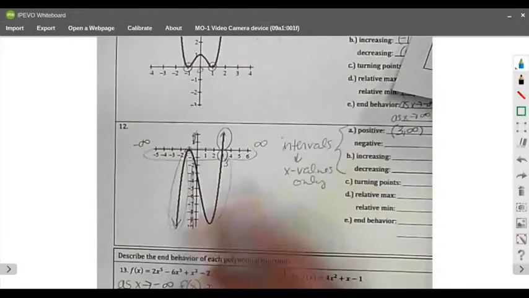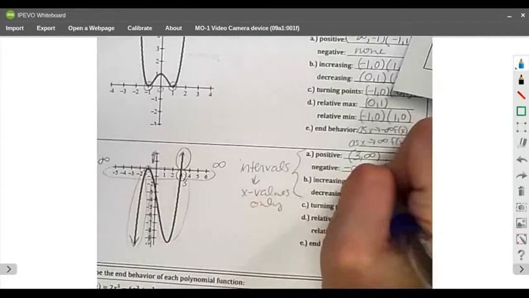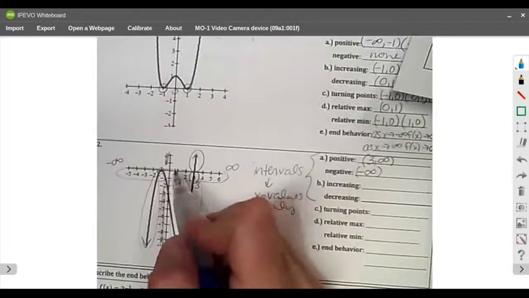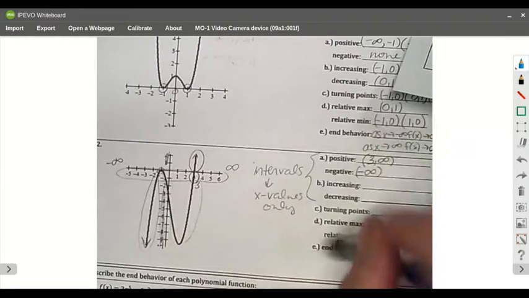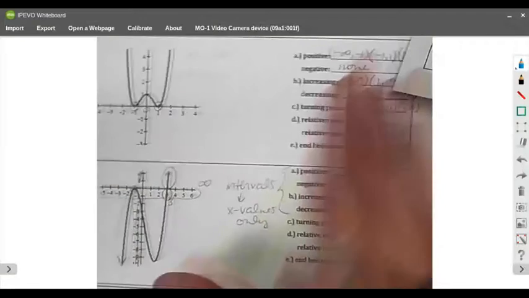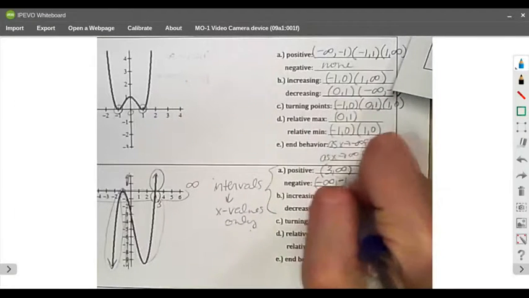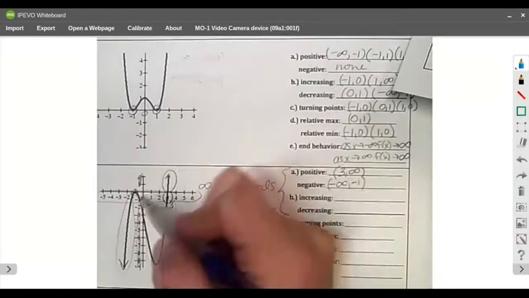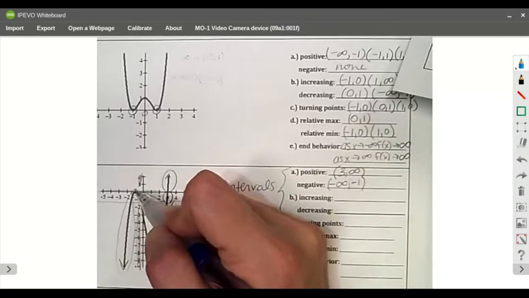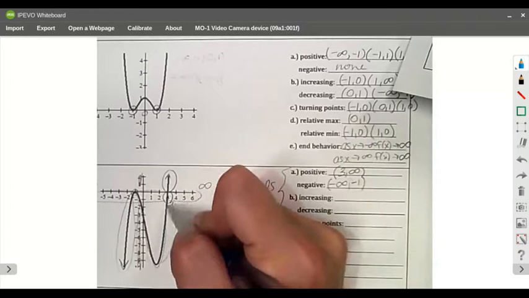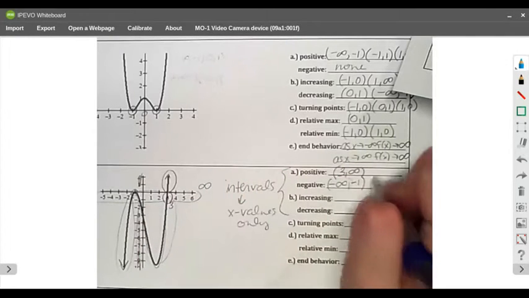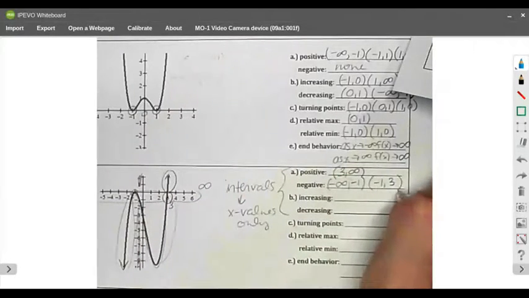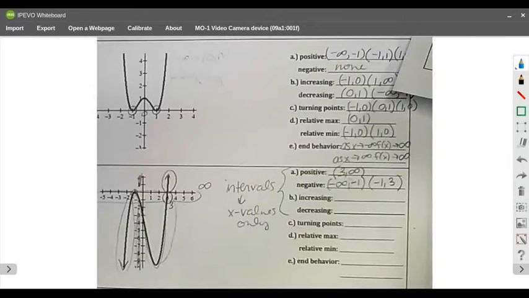So it starts off at negative infinity, and then it stops being negative right at this x value at negative 1. And then my other negative interval, again, is at negative 1, and it goes from negative 1 all the way to 3. So from negative 1 to positive 3. And that's my second negative interval.